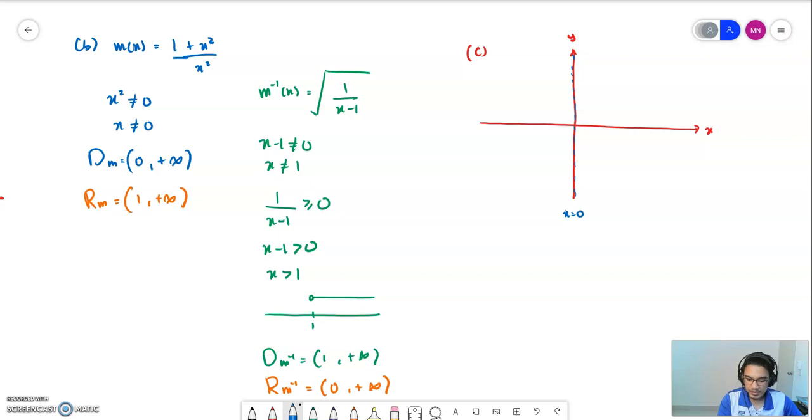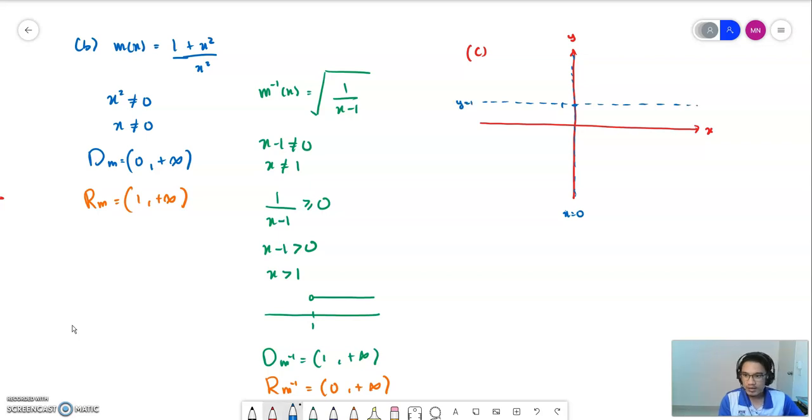For the function m, the range starts from 1 until positive infinity. So that means we have another horizontal asymptote at the line y equal to 1.